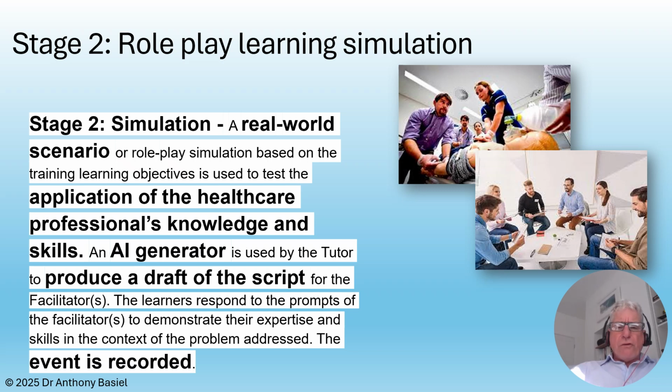This can also be done virtually, where we have a webinar with the students participating in the simulation so that we are able to see how they would go through this open-ended problem scenario.